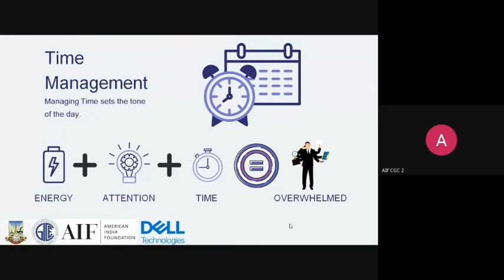In case you have a deadline coming up very soon, you need to allocate time for that. And also you need to remember to give time for your personal things, for example, your friends and family. Maintaining a balance between work life and personal life is very important, as I have told you.